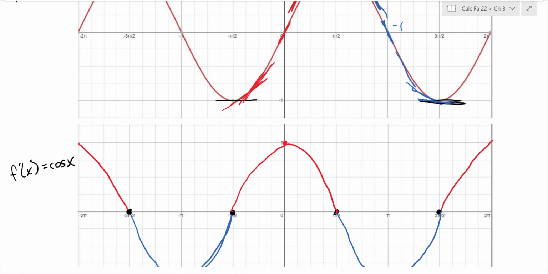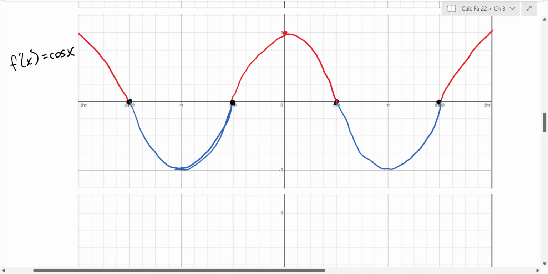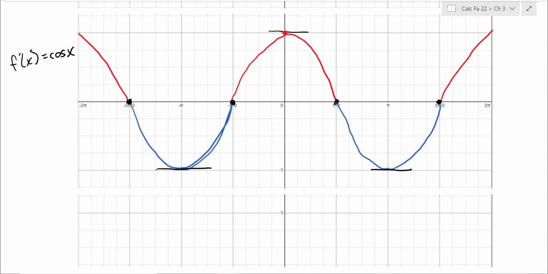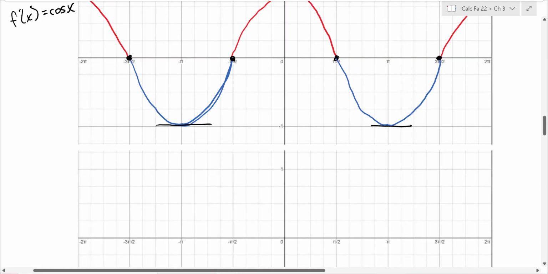And when we do the second derivative graph, or the derivative of this first derivative, we'll find out the derivative of cosine, essentially. So we want to look first, always line up those horizontal tangents, for the zeros of our derivative function. So we've got zeros at pi, -pi, 0, and pi.